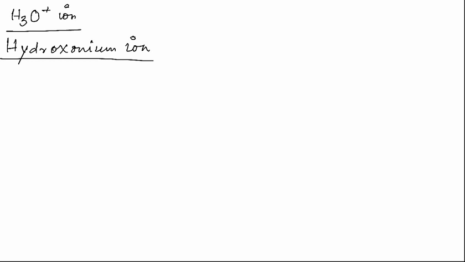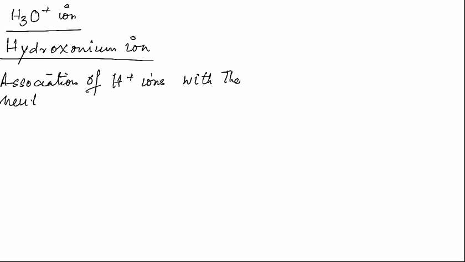Now after this discussion about the ammonium ion, we move on to the hydroxonium ion, or the H3O plus ion. Kindly note the spelling, it's hydroxonium ion. The hydroxonium ion is formed by the association of H plus ions with neutral water molecules.